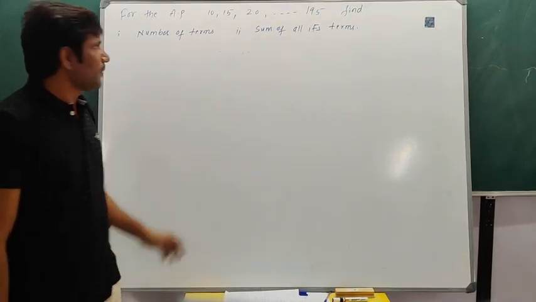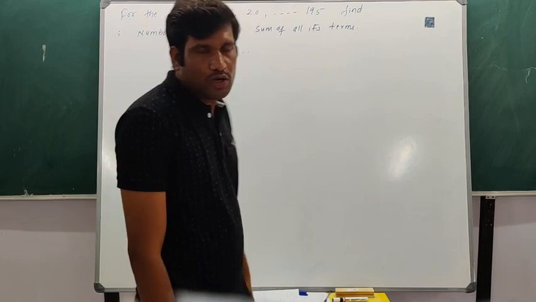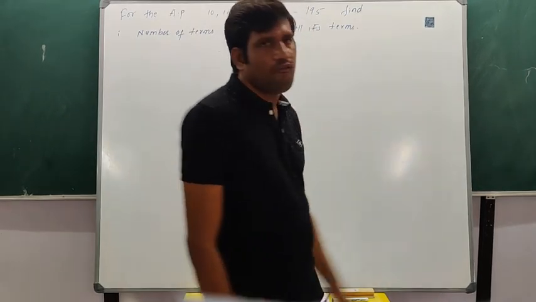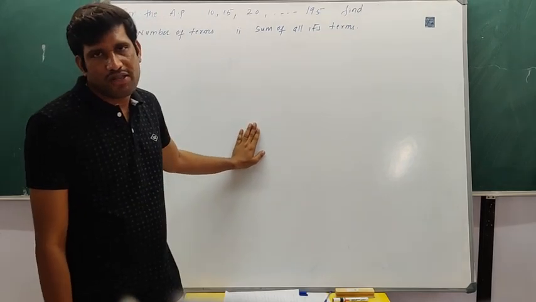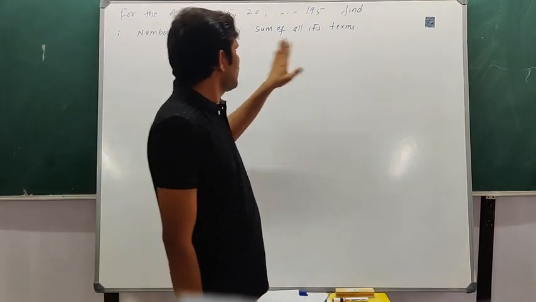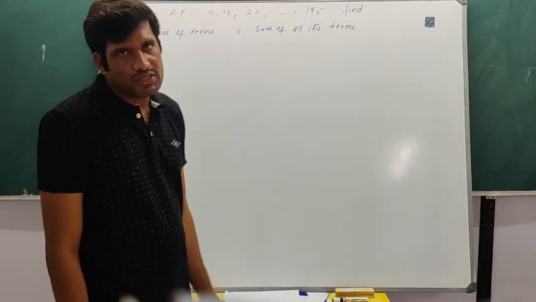Number of terms means we have to find the n value because the last term is given. Next, the sum of all its terms.